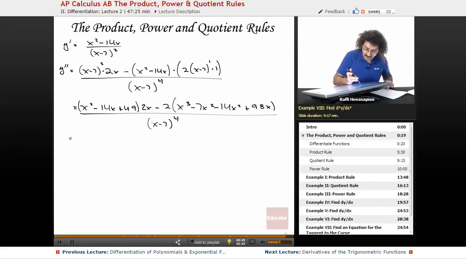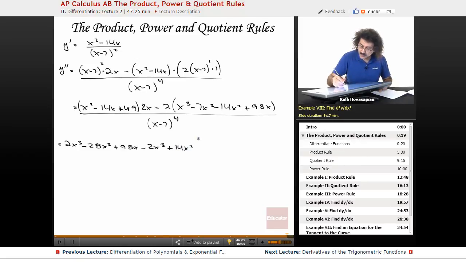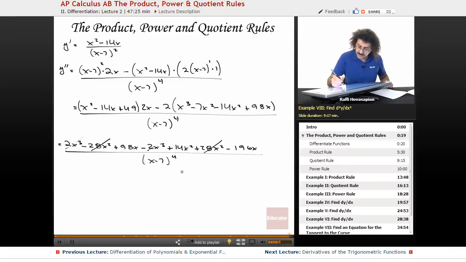So we get, let me actually give myself a little bit more room here. 2x cubed minus 28x squared plus 98x minus 2x cubed plus 14x squared plus 28x squared minus 196x all over x minus 7 to the 4th. 2x cubed goes with minus 2x cubed, minus 28x squared plus 28x squared.